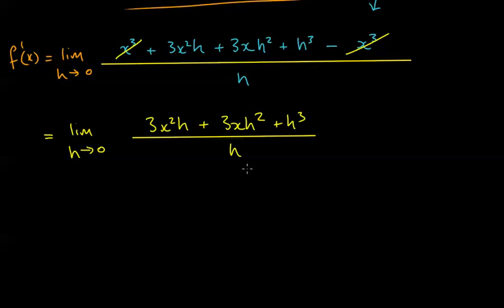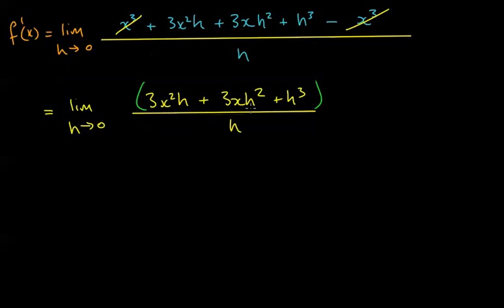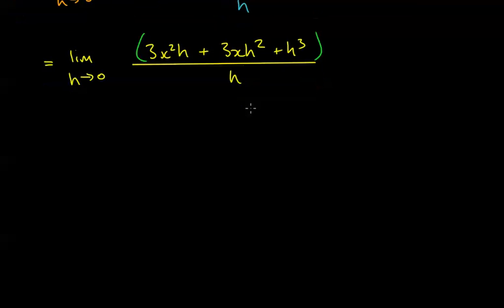Right, now let's see what things can factor out from the numerator. Let's see if we can get at least one of those h's coming out. Well, we should be able to. Well, yeah, there's an h in every bit, so we can take one of them out.